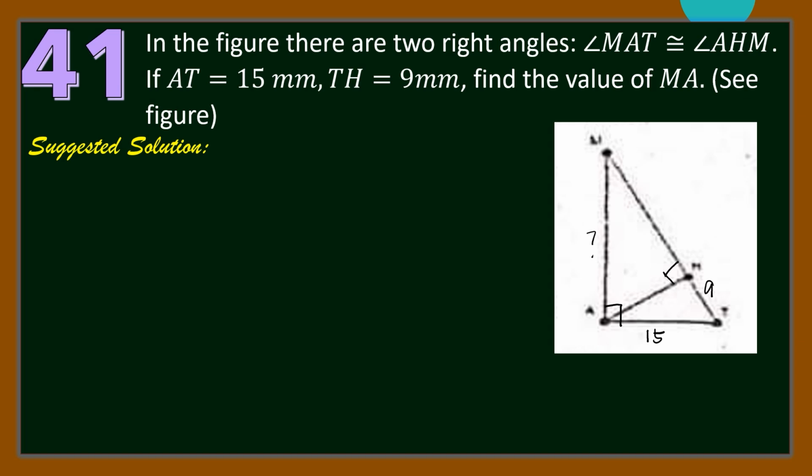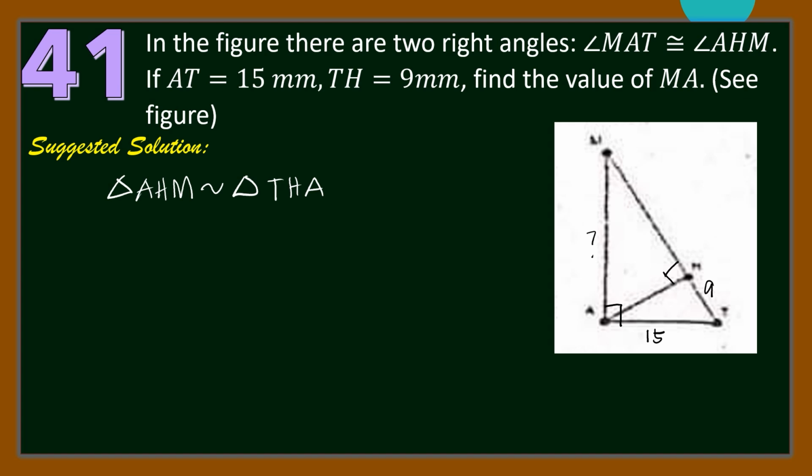Since any two right triangles are similar, we can have right triangle AHM similar to right triangle THA.